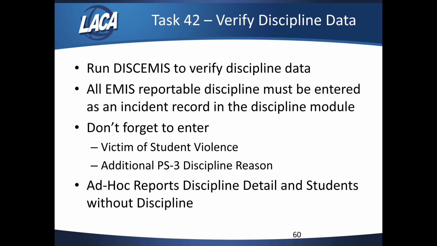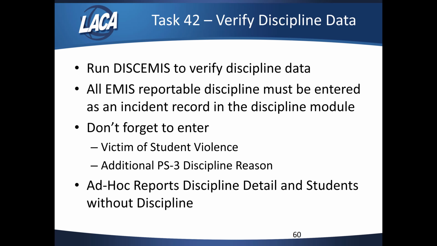Say that again: if you're adding an infraction in the discipline codes table, make sure you are adding the appropriate EMIS reportable reason to that infraction so that when that infraction is attached to an EMIS reportable discipline action, those codes are reported.